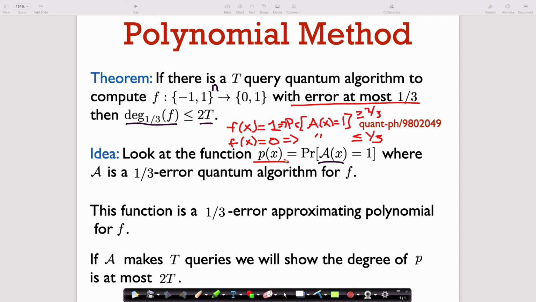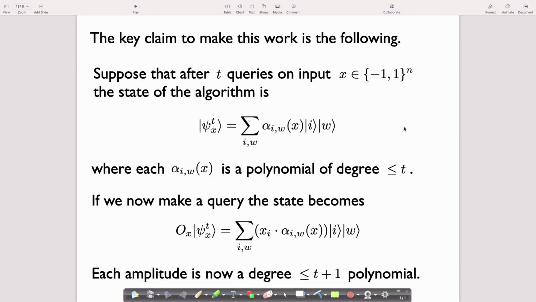And what we want to show is that if our algorithm A only makes T queries, then this polynomial is actually going to have degree at most 2T. So that's the key idea for the proof. And the way that you prove this is basically by induction.